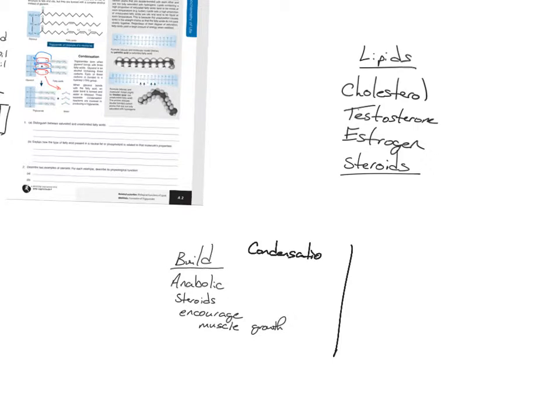What's the other thing we do with macromolecules? This is dehydration synthesis, same thing. So what is the other thing you do? We build them or we break them down. Look at your notes.